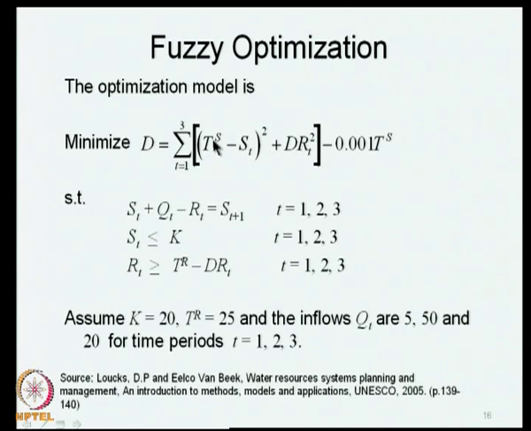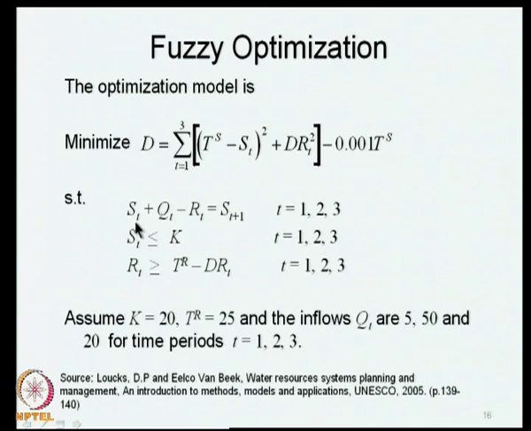We want to maximize the decision variable Ts and therefore, because it is a minimization problem, we penalize Ts through a negative value here. What does this ensure? Because we are using a negative value for the penalty, it ensures that Ts is as high as possible, because we are looking at minimum value. As Ts increases, this value decreases, and because we are looking at minimum value, that will be preferred.